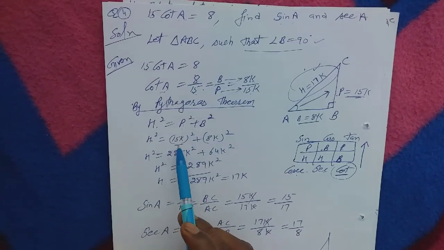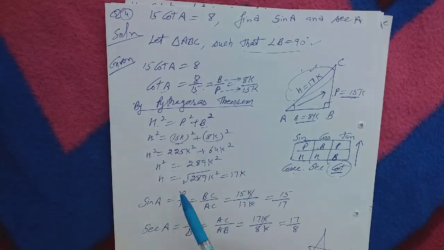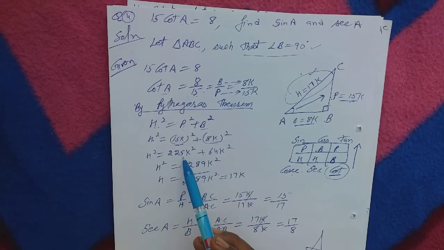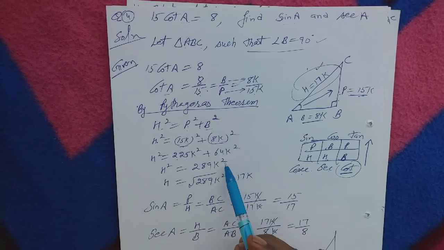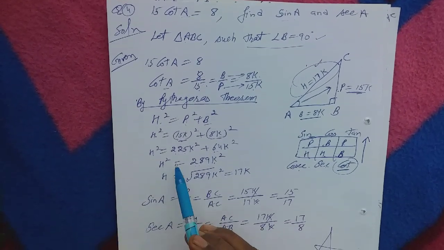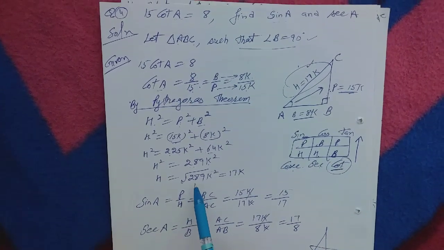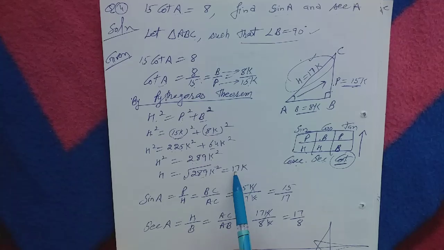The value of P is 15k, the value of B is 8k. So the square of 15 is 225, and the square of 8 is 64. After adding you will get 289. So the square is converted into an under root. The square root of 289 is 17.